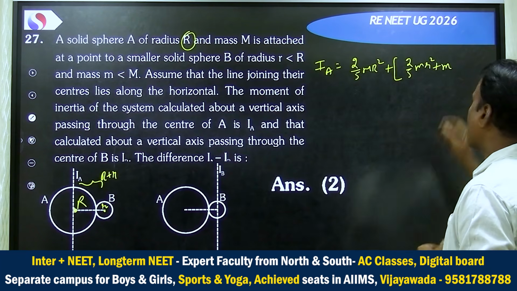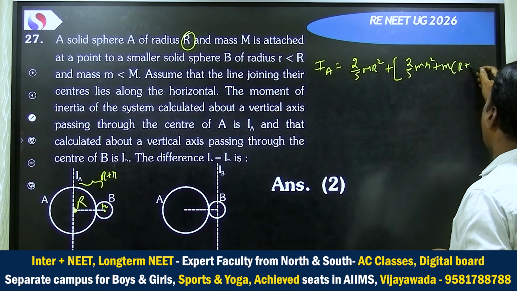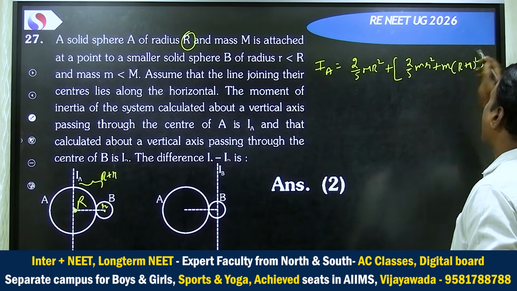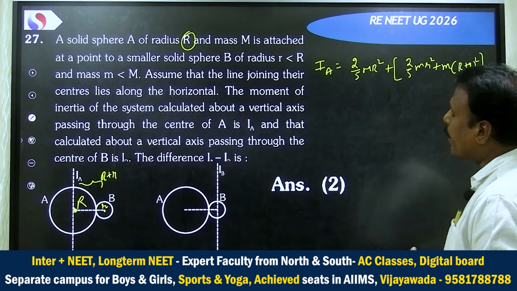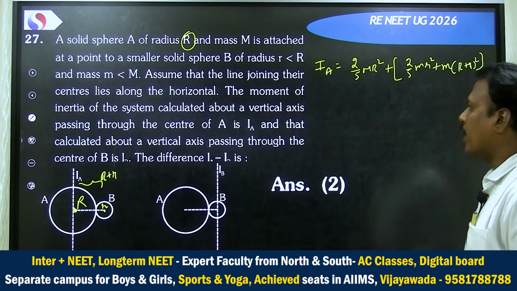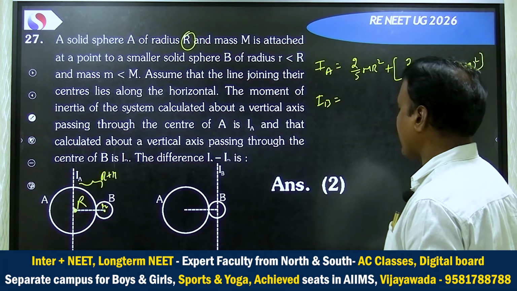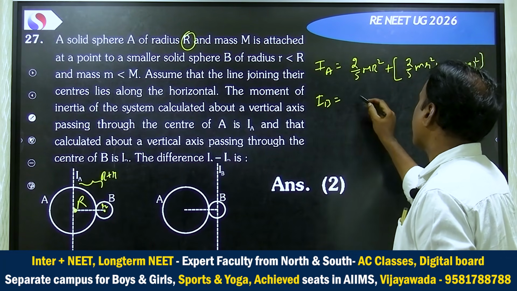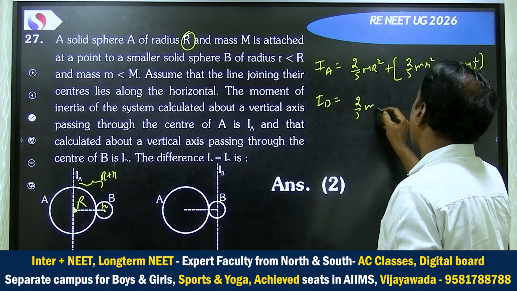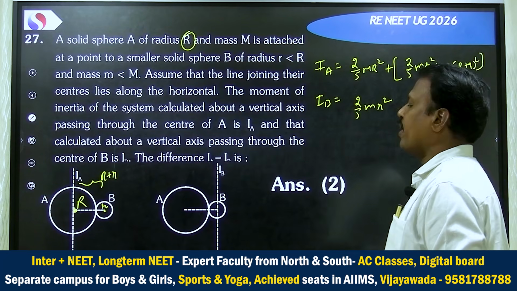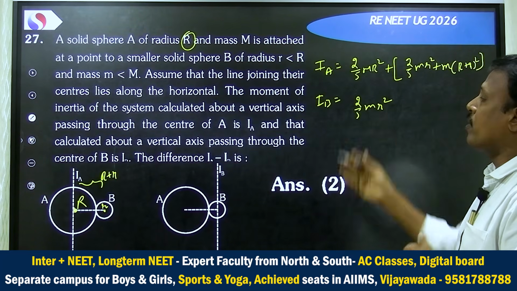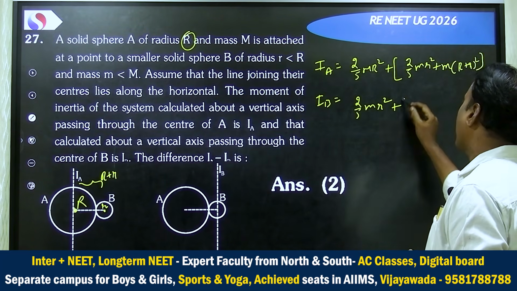That means small m into the square of the distance between the two axes, capital R plus small r. And then go to the second case. In the second case, B is the axis. That means its own moment of inertia is 2 by 5 m r square, because the axis is passing through that only.